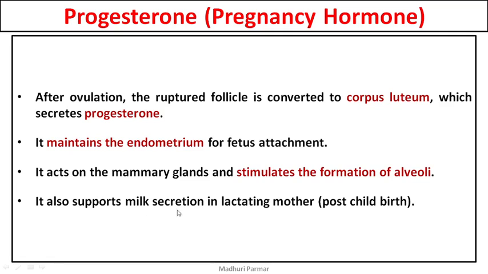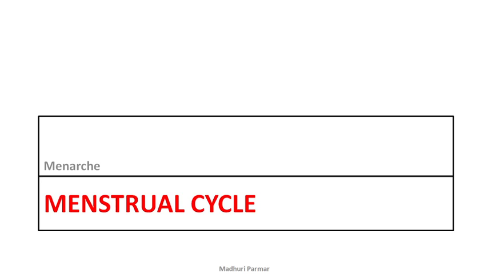It also supports milk secretion. अभी हमने पढ़ा है कि milk secretion के लिए जो important hormone है that is prolactin. But here also you can see कि वो alveoli develop करवा रहा है, इसलिए वो milk production में या secretion में it is involved. But it is not the major hormone. Okay, it is a supporting hormone. It supports milk secretion in lactating mother. मतलब सिर्फ post childbirth ही होगा, उससे पहले नहीं.